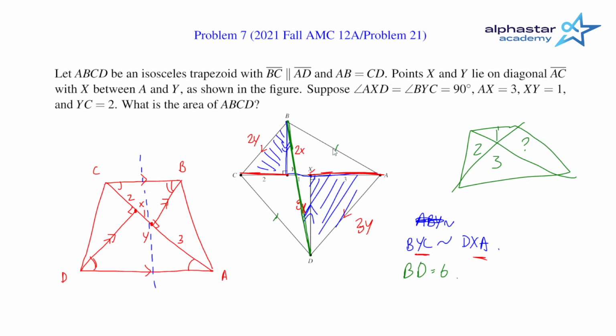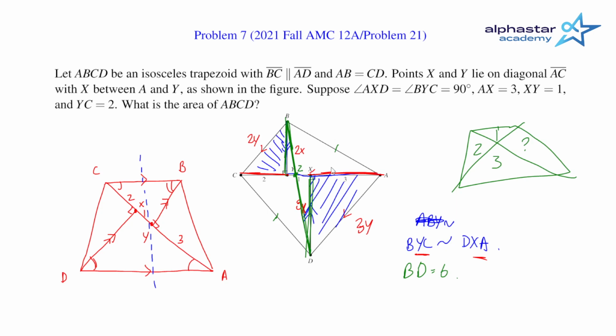So in particular, we also haven't used the fact that these are right angles yet. If we call our attention to this new triangle drawn, if we call this point in the middle Z, then BYZ and DXZ are similar, and we know that the ratio of their lengths is 2x to 3x, so this is actually still 2 to 3, right?